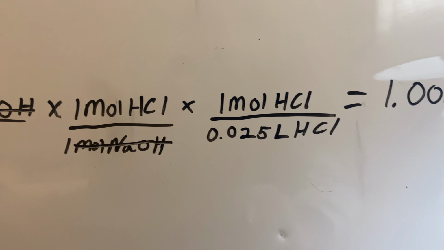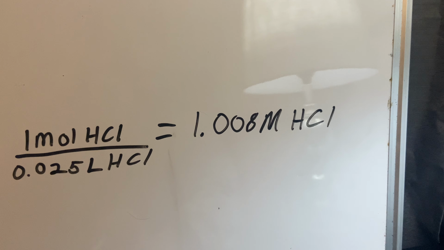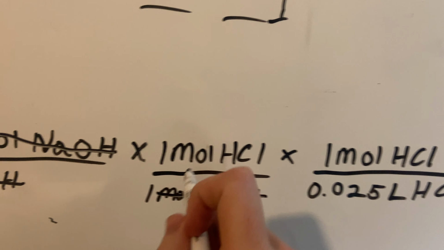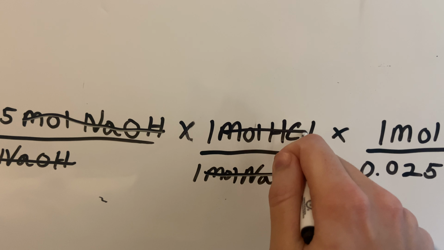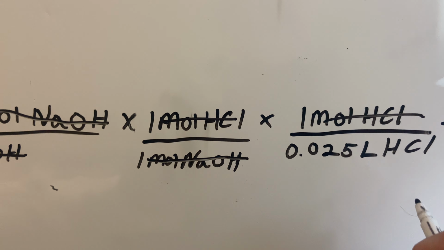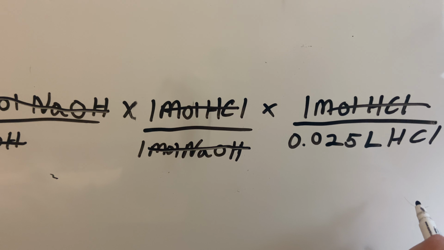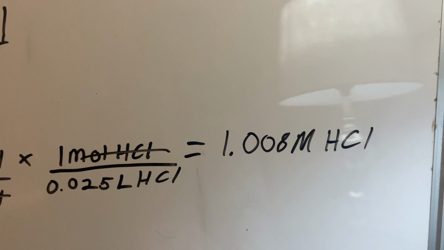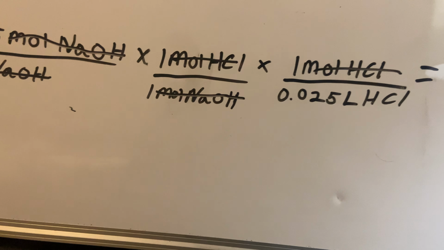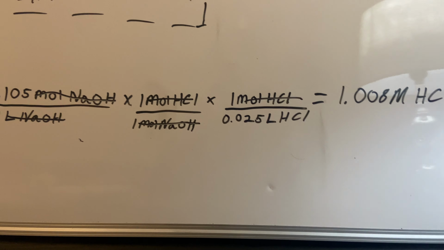Then we carry it out to find the concentration of HCl. We cross out the moles of HCl, the moles of HCl, and then we are left with the concentration of HCl.